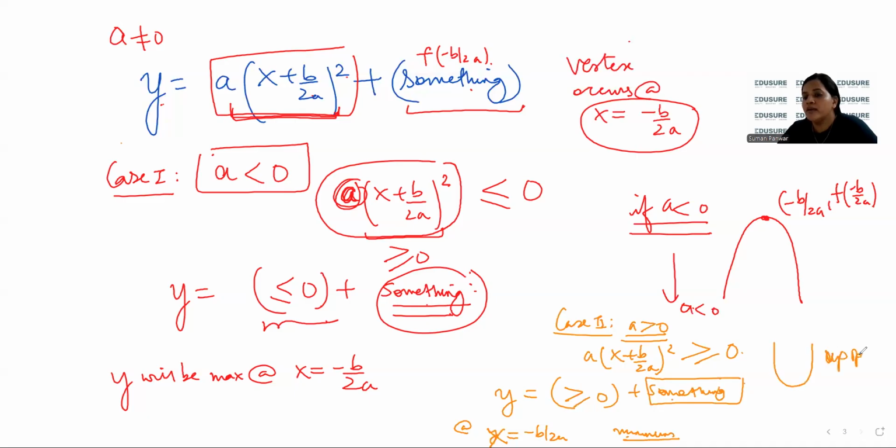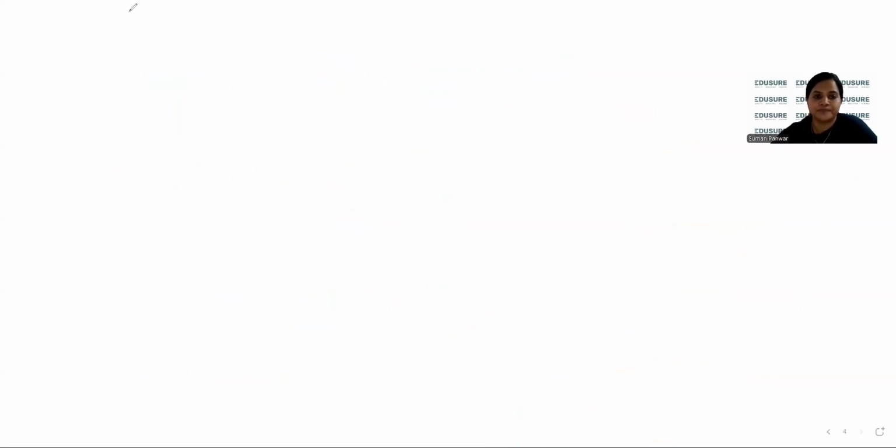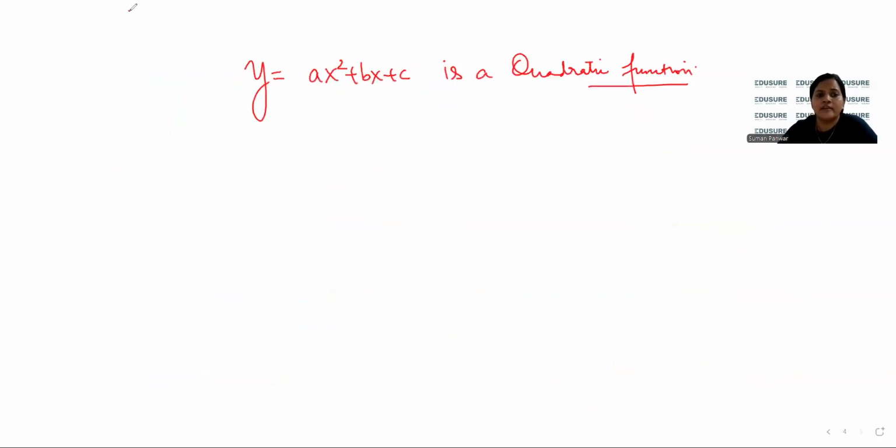Up opening parabola. So what are the observations? The observations are as follows. If y is equal to ax square plus bx plus c is a quadratic function, then vertex occurs at x equals minus b by 2a.